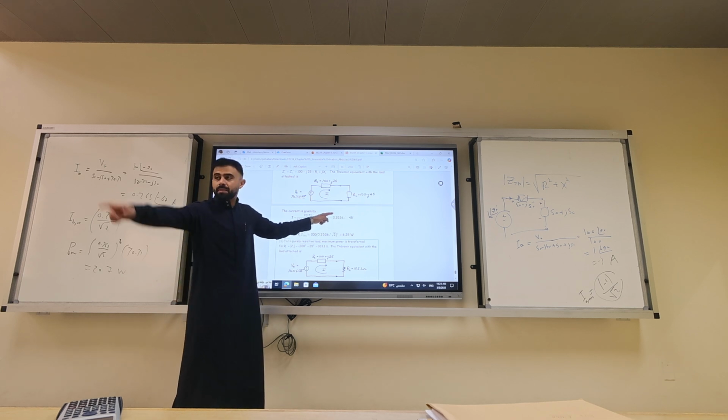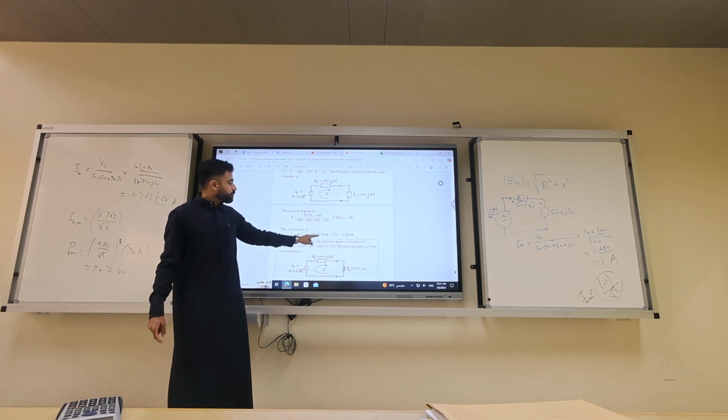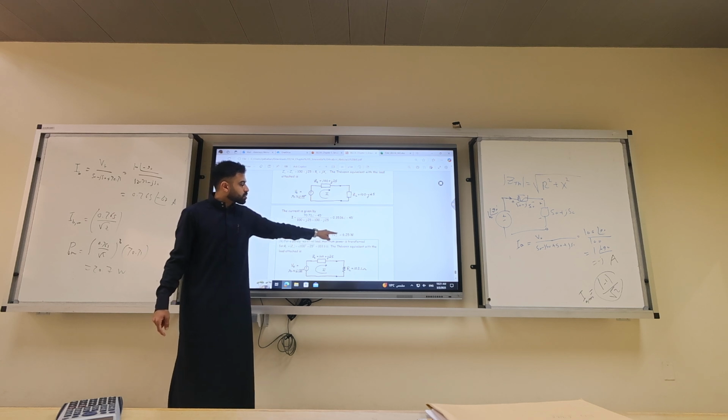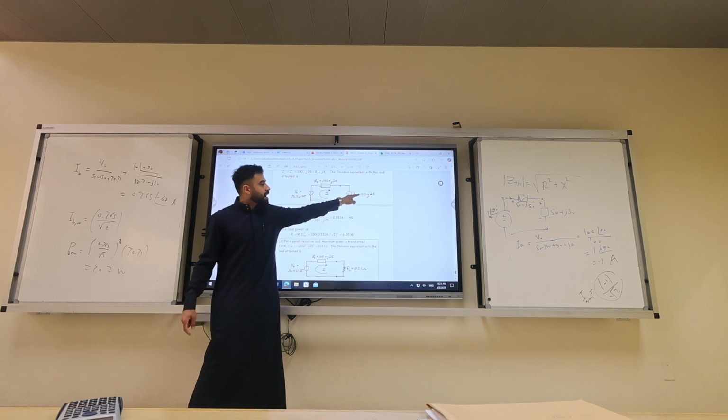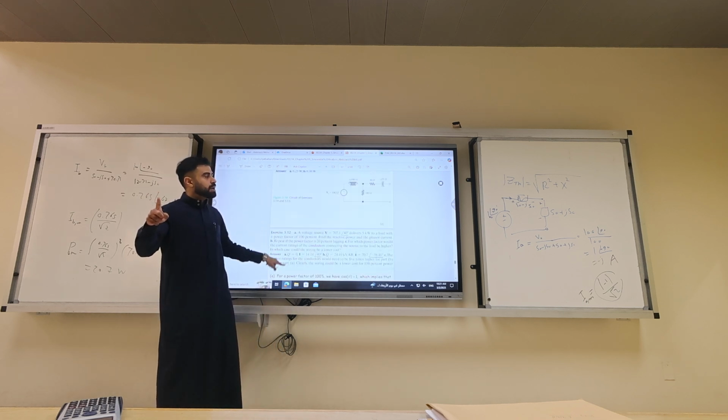Is this the peak or the max? The max. So to get the RMS, you divide by square root of 2, then square it, and then multiply by the R only to get the real power. Remember the formula?